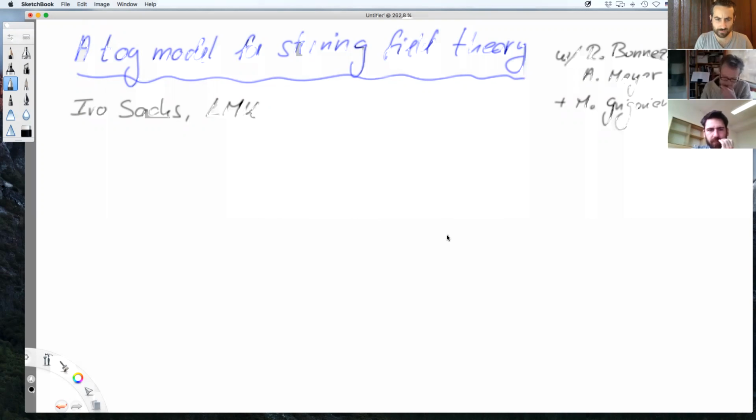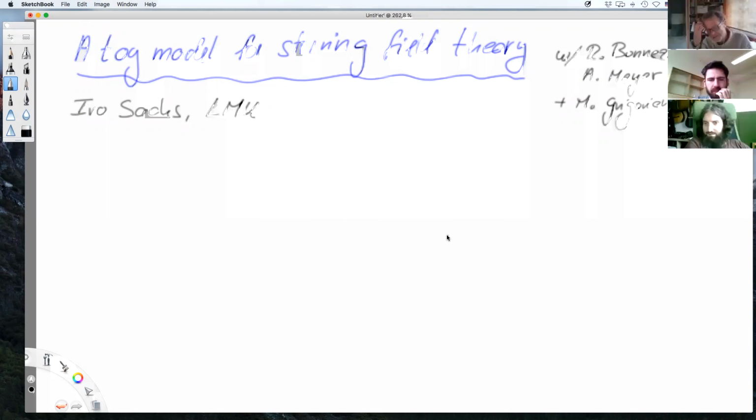So the thing is, my motivation for all this is that I've been working on string field theory for a while, and I wanted to understand the issue of background independence in string theory. This has been a long story. I will not say much about string theory here, but I will mostly use it as motivation.